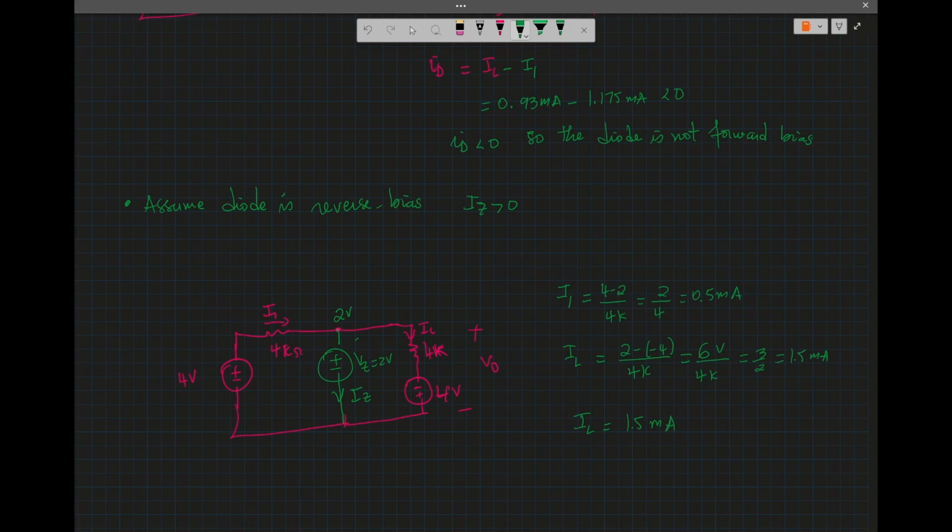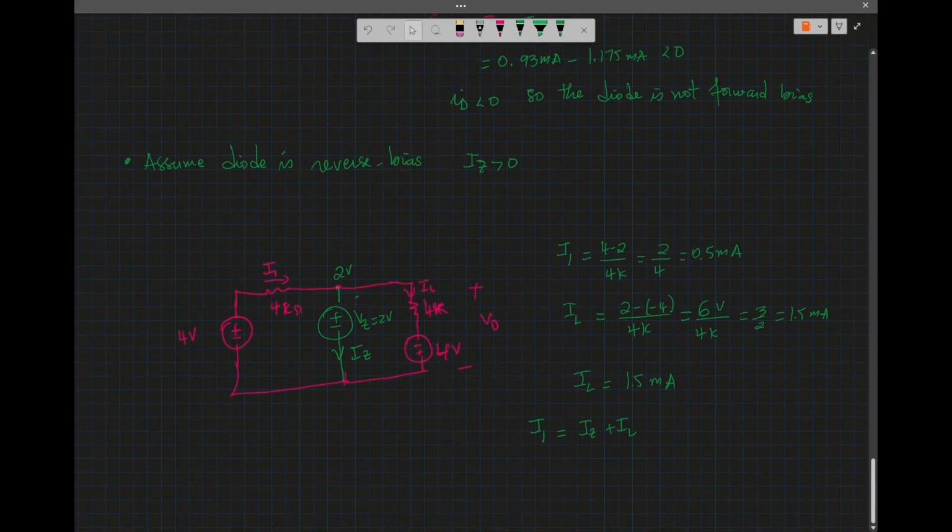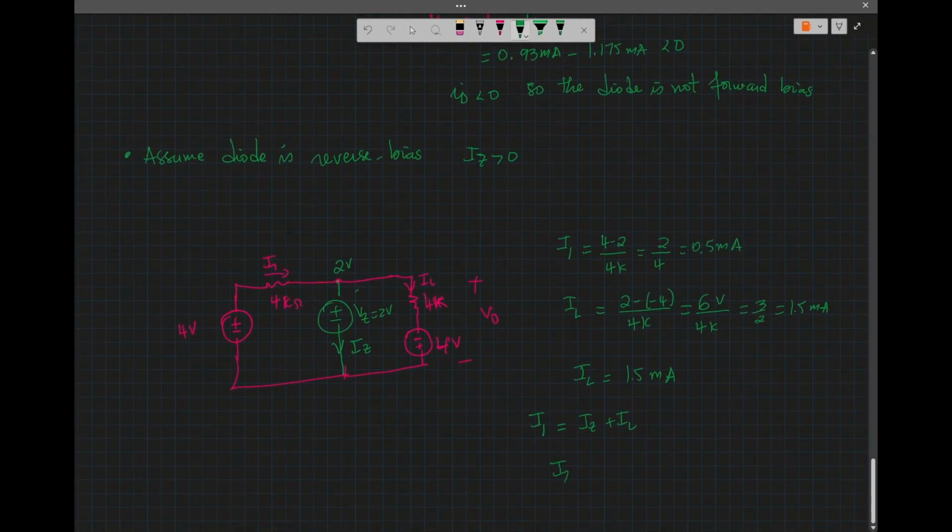Now, so we know that I1 must be equal to IZ plus IL. So the IZ is I1 minus the load current, which is I1, which is 0.5 milliamp minus 1.5 milliamp.